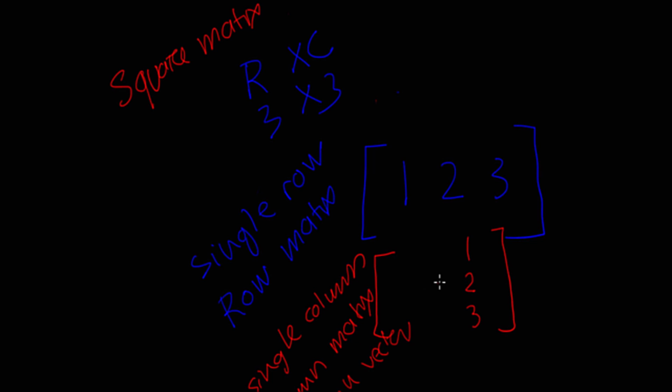Now after we have learned what a matrix is, what the order of a matrix is, and what a square matrix is, let me show you another thing: the principal diagonal of a matrix. What is the principal diagonal of a matrix? The diagonal passing through the common element of the first row and the first column.